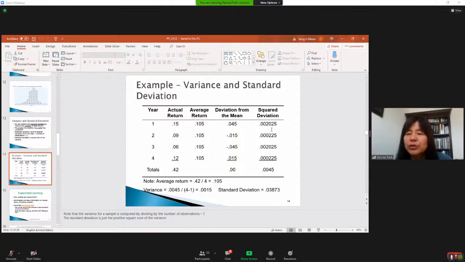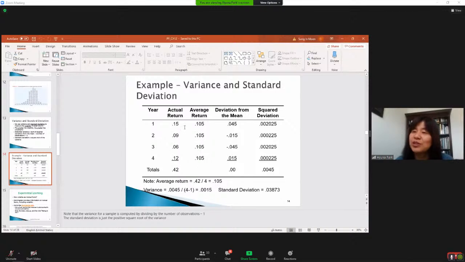So you add all the squared deviations from the mean and divide that sum by 4 minus 1, so that's the variance, and take the square root, that's the standard deviation, in decimal. In percentage, the standard deviation is 3.87%, and that's the measure of risk.